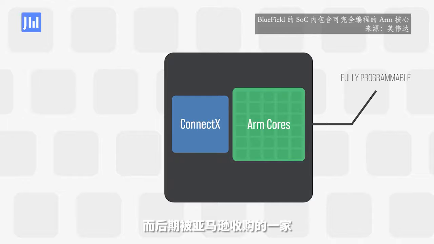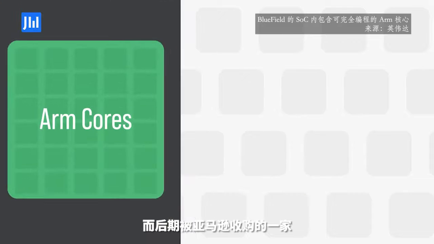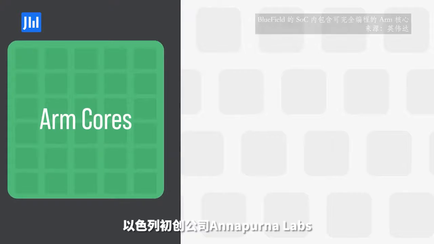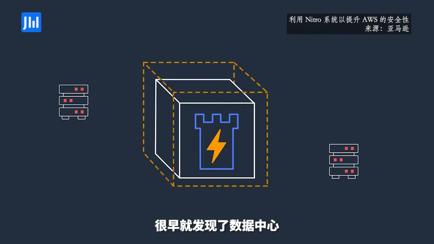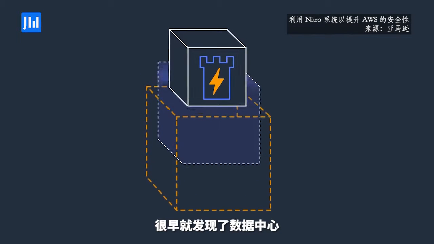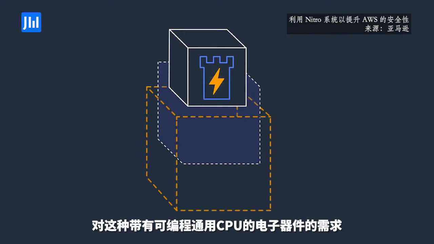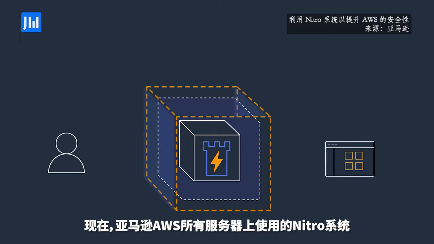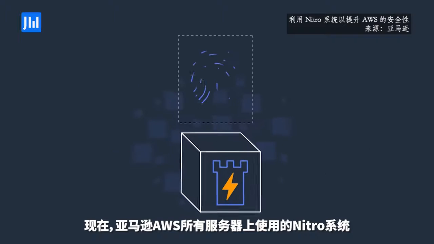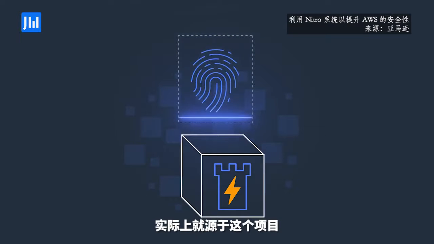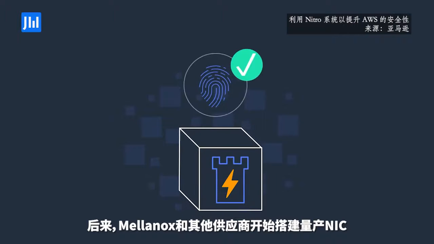And Annapurna Labs was another Israeli startup, later acquired by Amazon, that identified the need for such devices with general purpose programmable CPUs in data centers pretty early in the game. And now the Nitro device that is used in Amazon AWS on all their servers actually originated from this project. And then later on, Mellanox, as well as other vendors, started building these NICs for production.